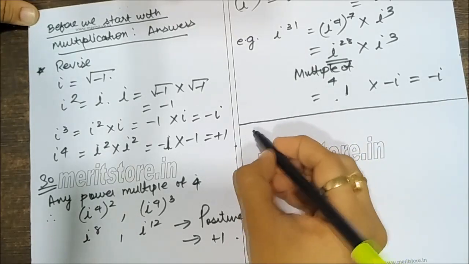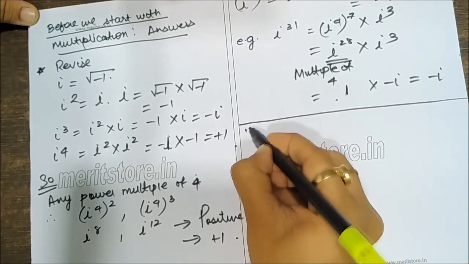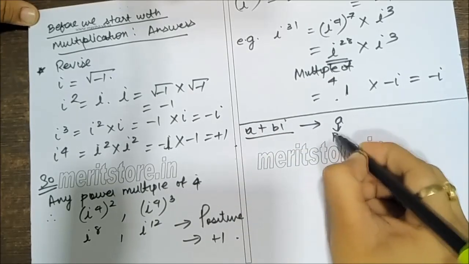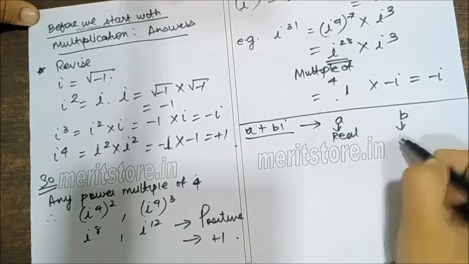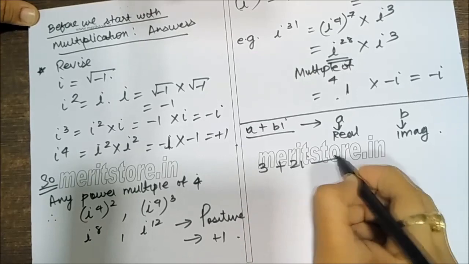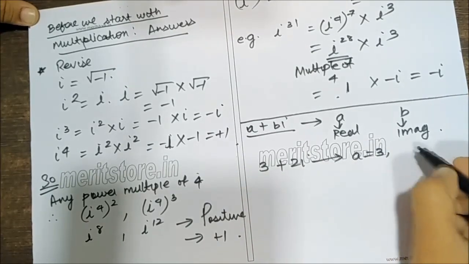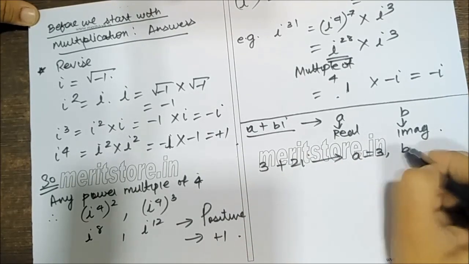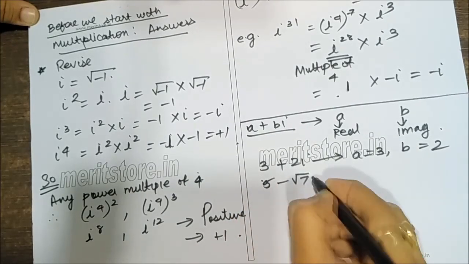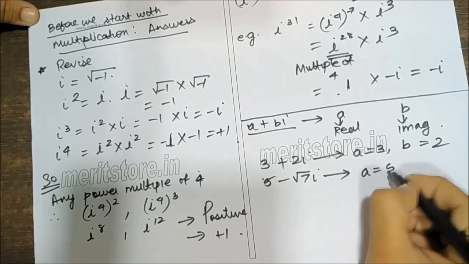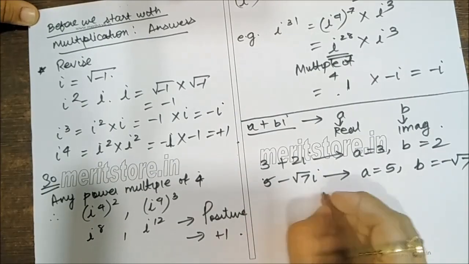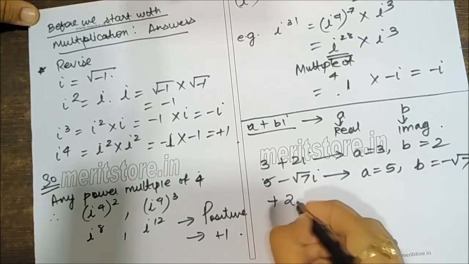Again, you should know, if I am writing A plus Bi, A is the real part, B is the imaginary part. So for 3 plus 2i, A is 3 and B is 2. Let's say it is 5 minus root 7i. A is 5, B is minus root 7. Let's say plus 2i.